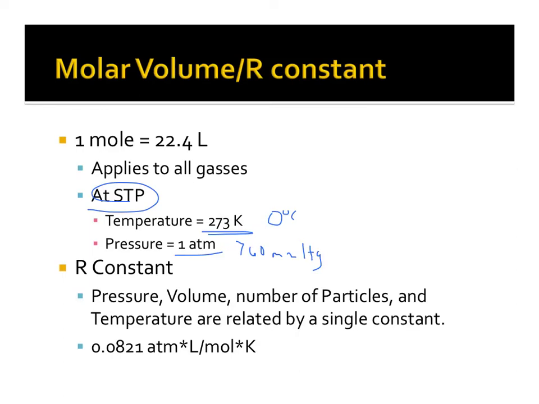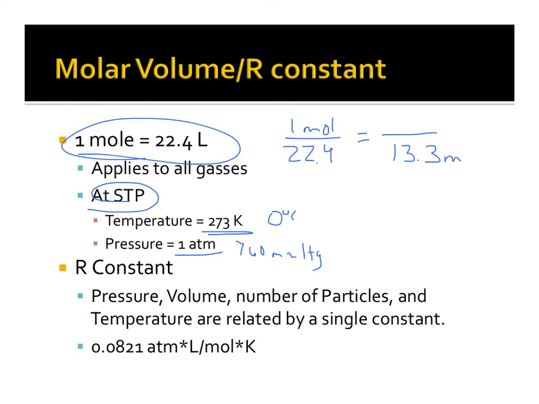What is good about this is that in lab, we can collect gases in a tube and we can read their volume. And based off of their volume, we can use 1 mole equals 22.4 as a proportion, and say maybe we ended up getting 13.3 liters.